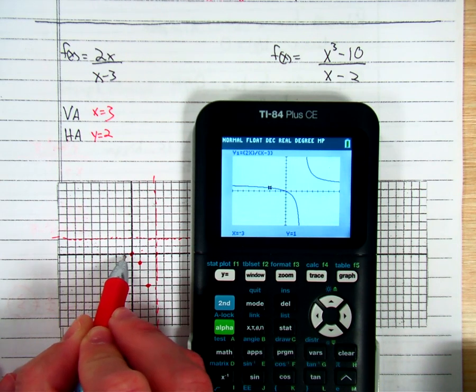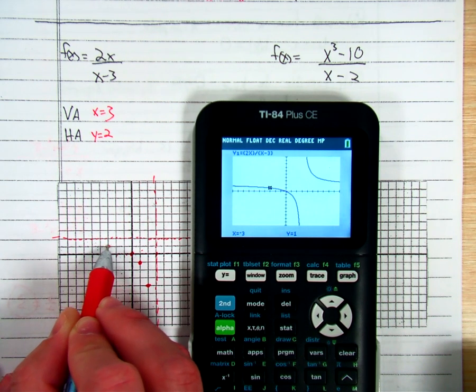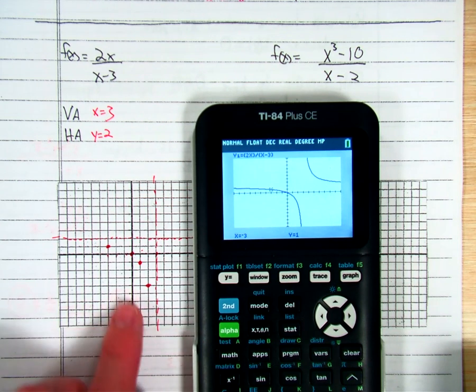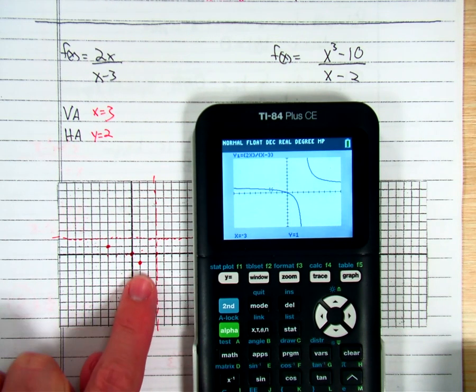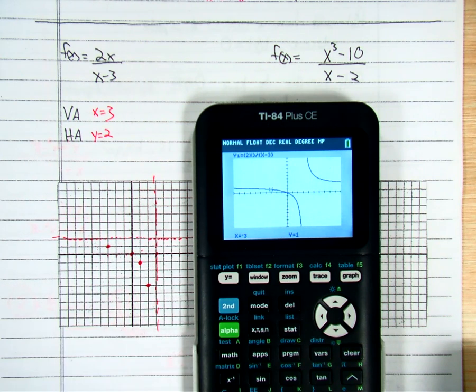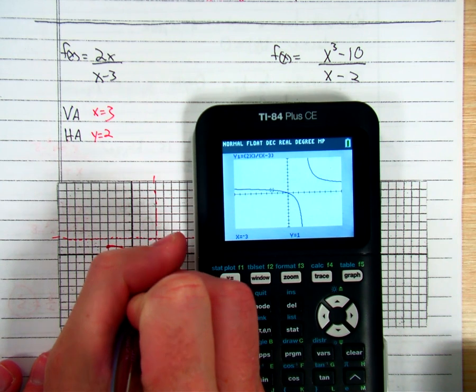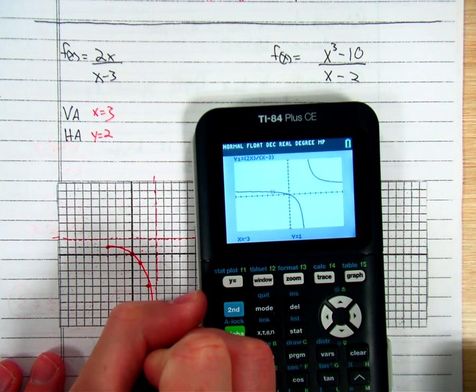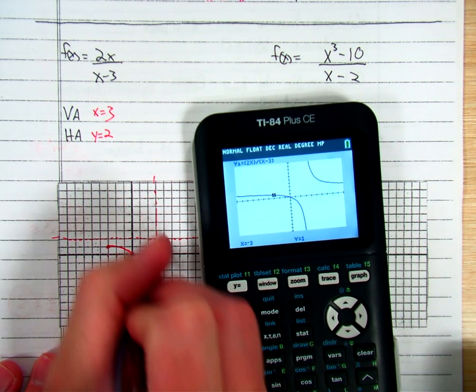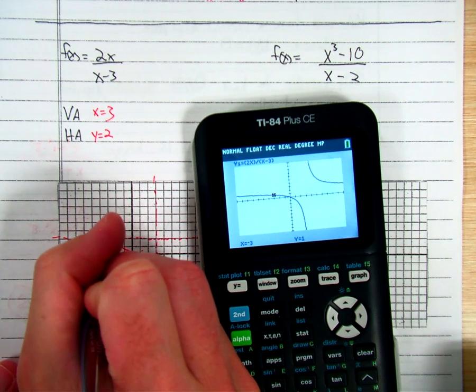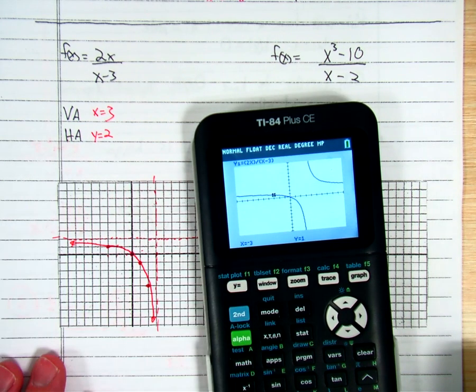I know that's our fourth point, but that's almost more helpful because those two are basically right next to each other, and this is going to help us with our curve and flattening out right there. And then we're just going to follow the asymptotes right on out. Okay, there's our first branch.